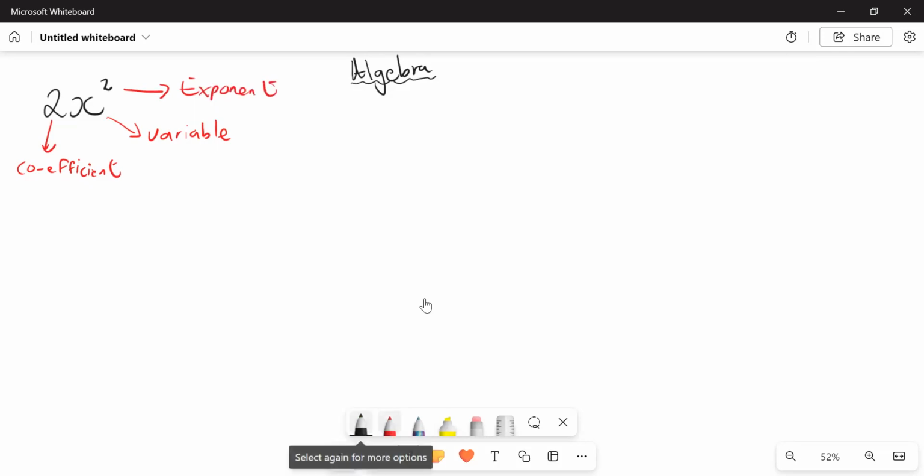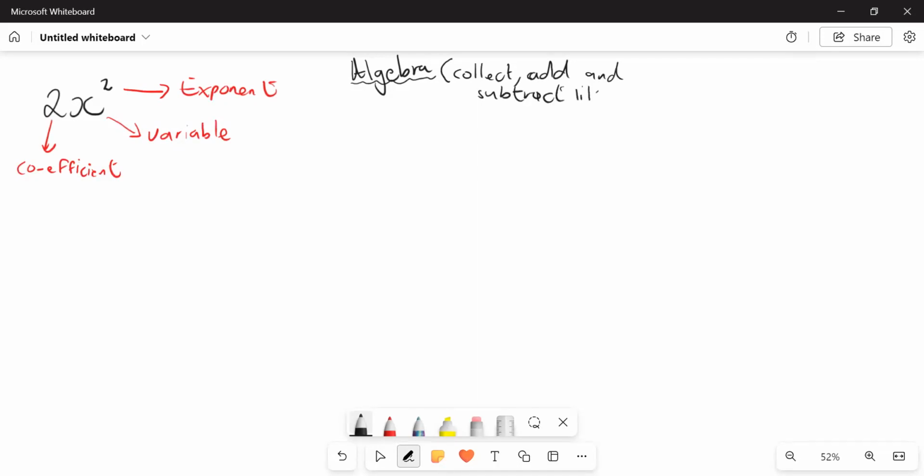That's good. So basically, we need to know how to add or subtract like terms, right? So we need to be able to first collect, add, and subtract like terms, right?